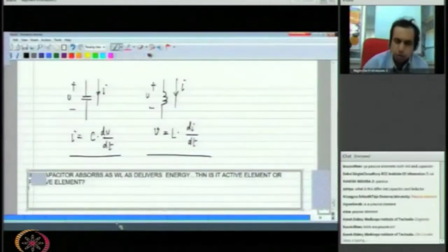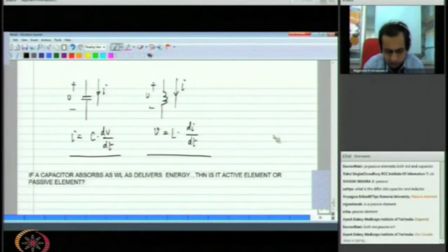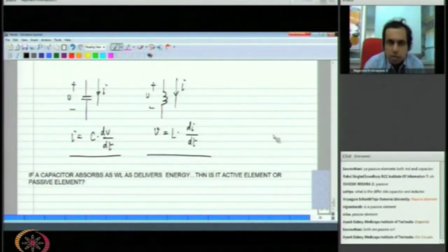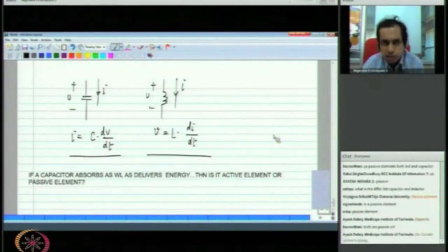Now, it is true that a capacitor can deliver energy, but the point is that you still consider it a passive element. It can only deliver the energy which is stored in it. So you start from a capacitor that is discharged. Now it cannot deliver any energy. It can absorb some energy and then give it back. In fact, that's a very useful mode of operation for a capacitor or an inductor. You can use that to store energy.